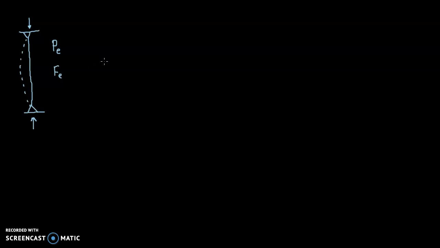We still want to make sure that our column is not too slender so that it doesn't buckle, and so we do need, with wood, regardless of the size of the column, to make sure that this variable L sub e, which we'll define in just a moment, is such that L sub e over d is less than or equal to 50.